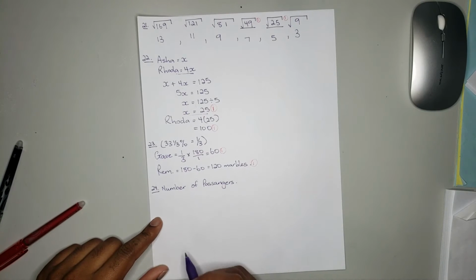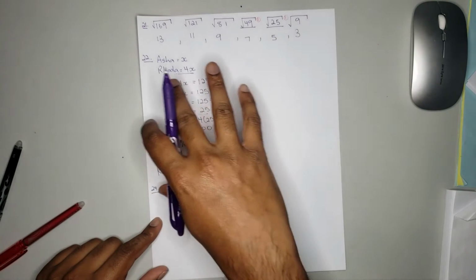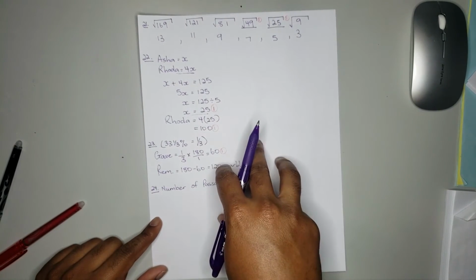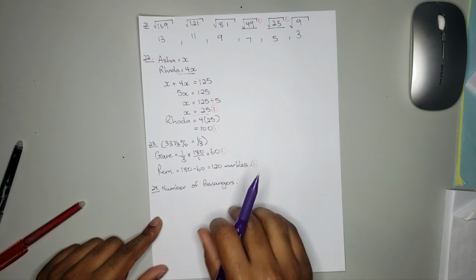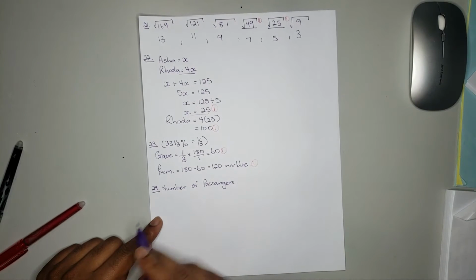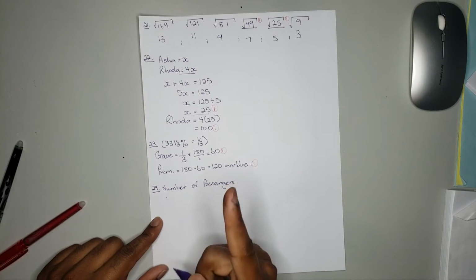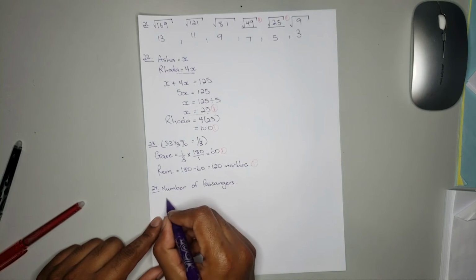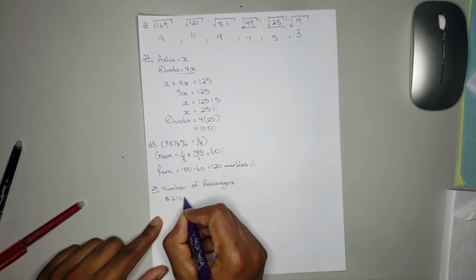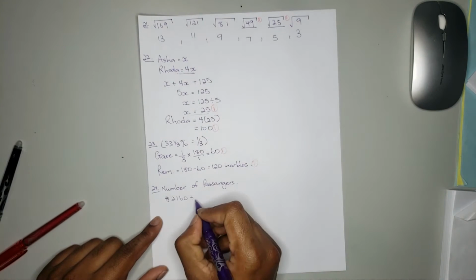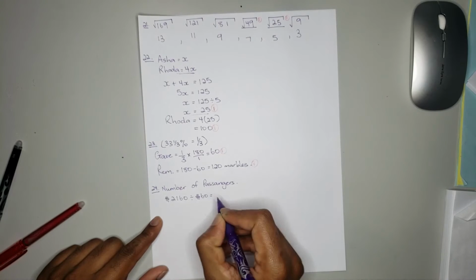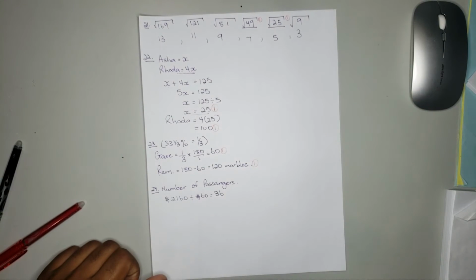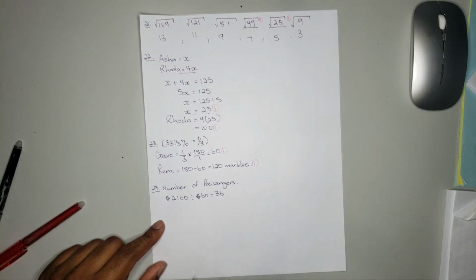We need to calculate the number of people who went on this field trip, the number of passengers. When I calculate all the passengers paying money, the teachers and the students, you get a total of $2,160. So to calculate how many passengers were on the bus, you take $2,160 and divide it by the cost for one, which is $60, and you will end up with 36. So 36 passengers were on the maxi taxi.